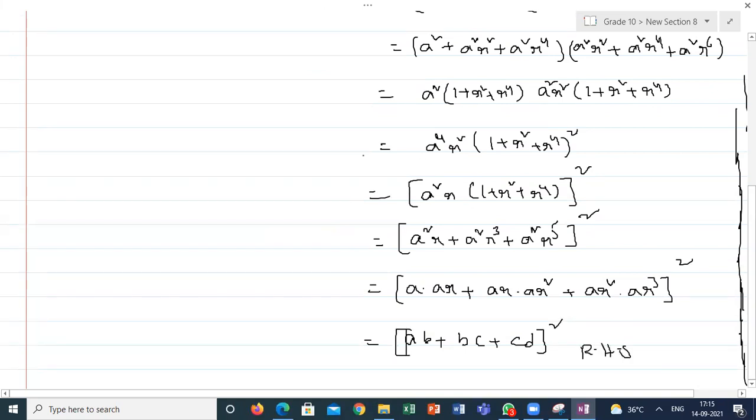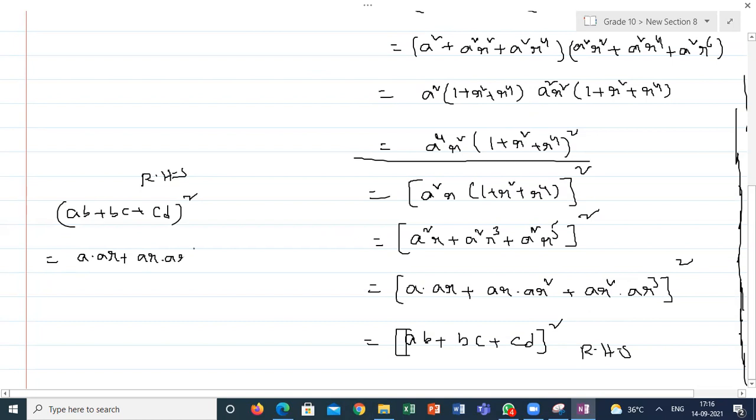Or you can stop up to here and take the RHS, where RHS is equal to (AB plus BC plus CD) whole square, and substitute the values: (A into AR plus AR into AR square plus AR square into AR cube) whole square.